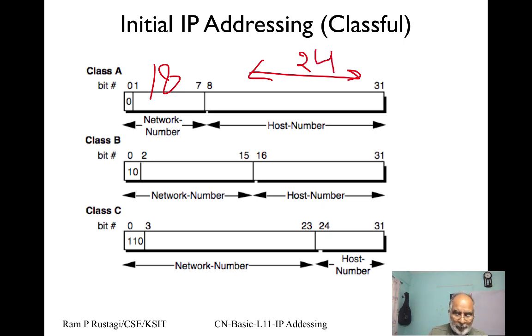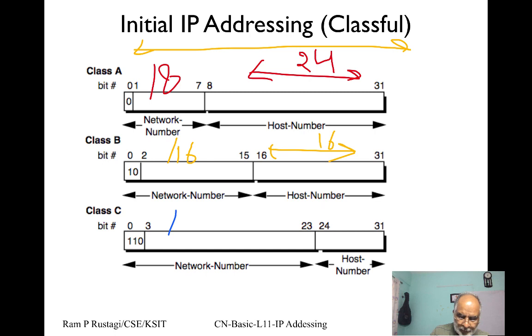For Class B, we have 16 bits assigned, and for the host part, we have again 16 bits, because remember, the total number of bits is 32. And for Class C, we are assigned 24 bits for the network, and we have 8 bits for the host part.